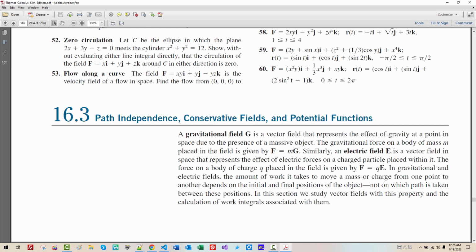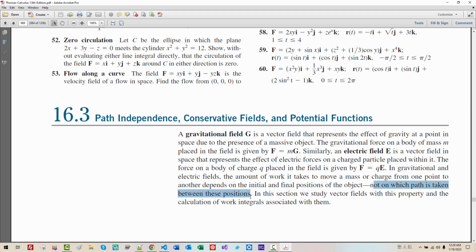Conservative fields, path independence, potential function, all three things say one thing: a vector field in which the amount of work it takes to move a mass or a charge from one point to another depends on the initial and the final position of the object, not on which path is taken between these positions.